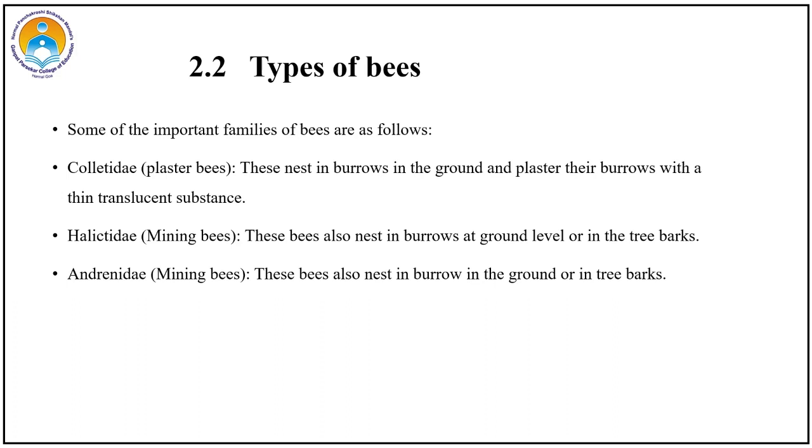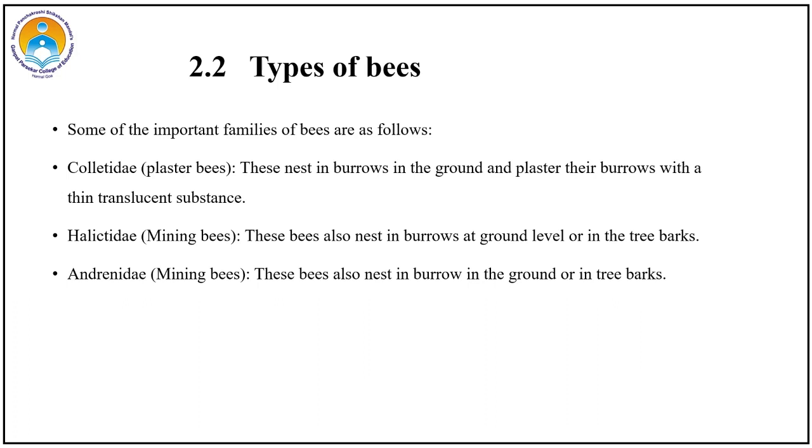Bees as a group are closely related to ants and wasps. They have branched hairs on the head and thorax, and their hind tarsi are modified for pollen collection.